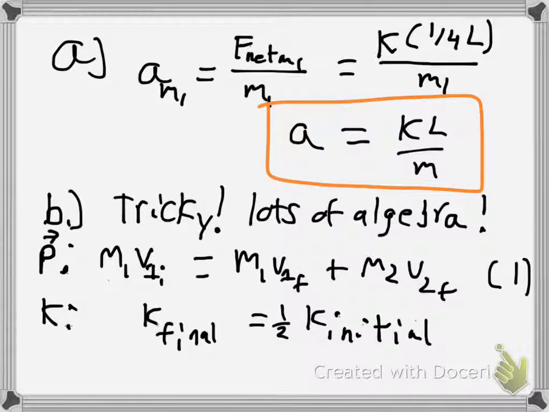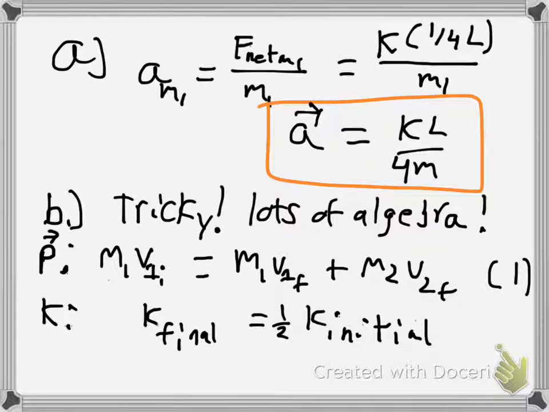So K times X, that is 1/4 of the length, divided by M1. This simplifies into KL over 4M. That's pretty straightforward, and I would hope that everyone got that.